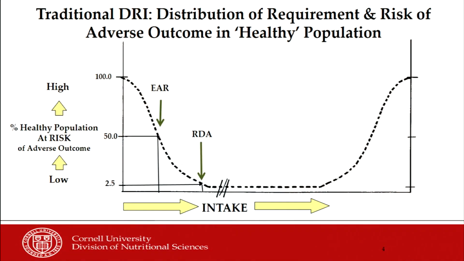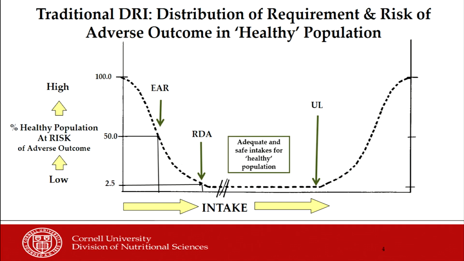And we define an estimated average requirement, an EAR, as that intake that meets the needs of 50% of the population. And we define tolerable upper levels for those nutrients at which above that intake on a chronic basis leads to adverse outcome. So within this framework, intakes at or above the RDA and below the upper level constitute an adequate and safe intake for healthy populations.